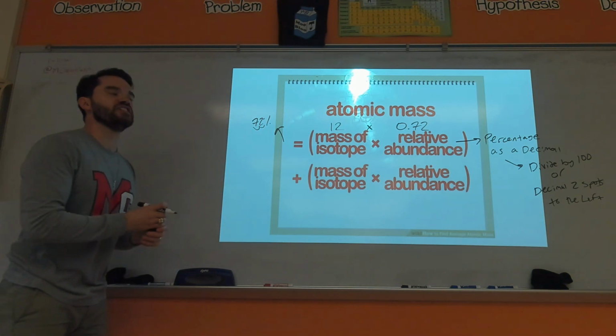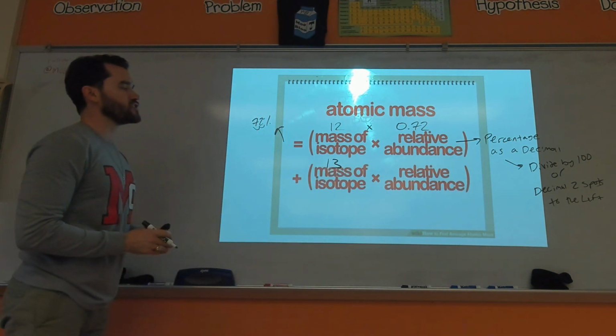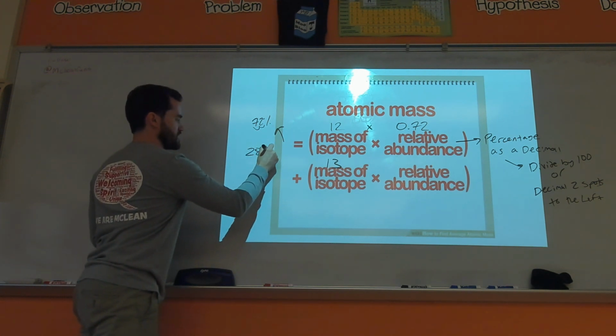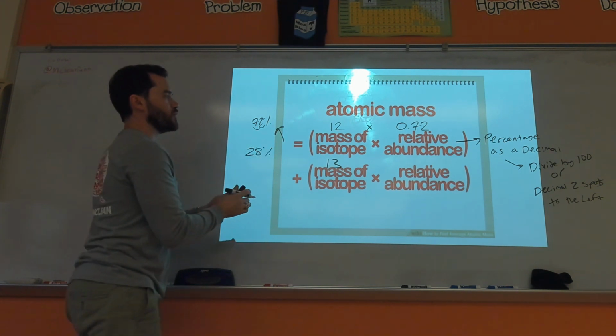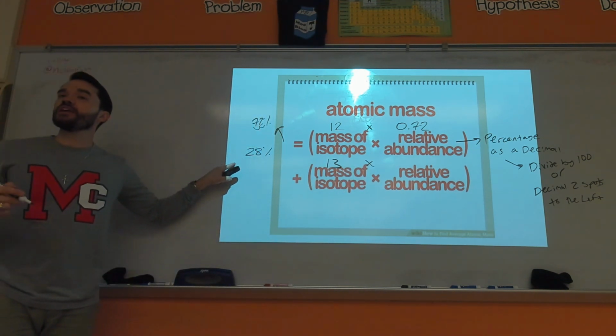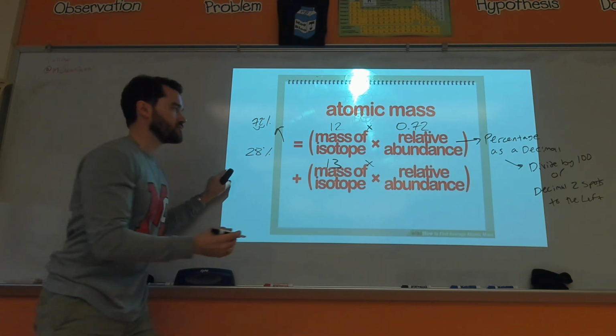Then let's say you have another isotope, say it's carbon-13, and they tell you the relative abundance is 28%. You would then multiply by 28% as a decimal. So what's 28% as a decimal? 0.28, right?